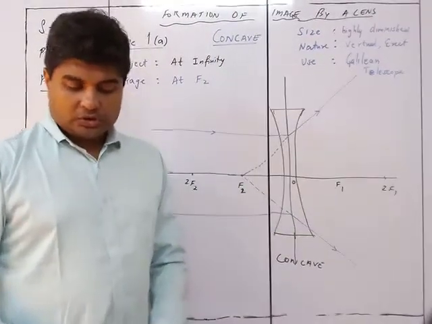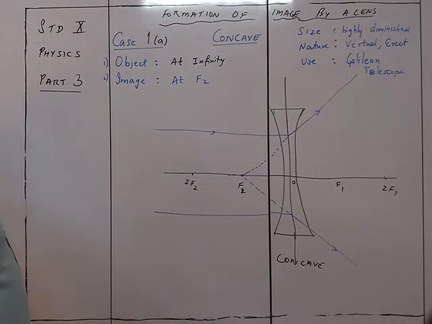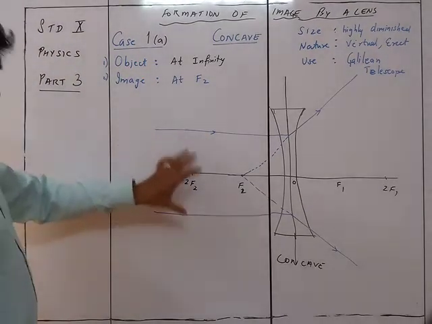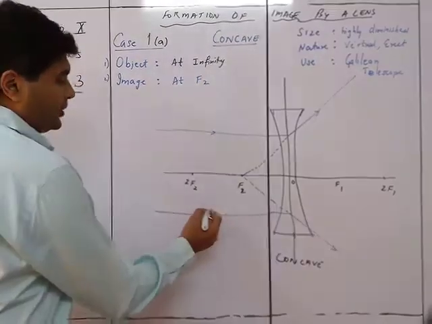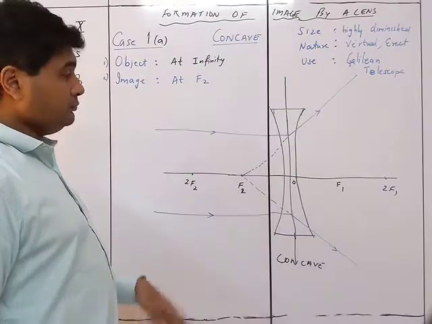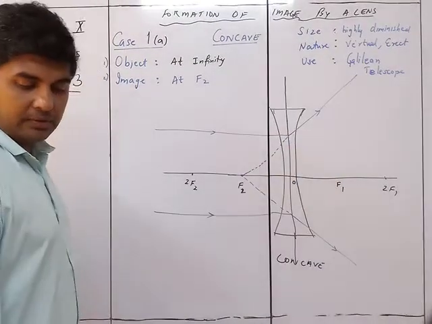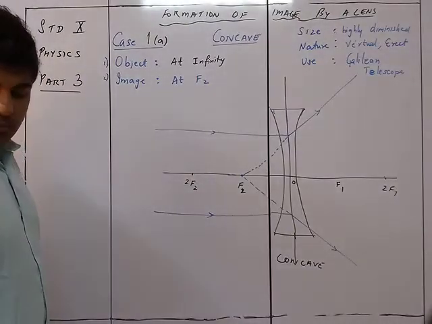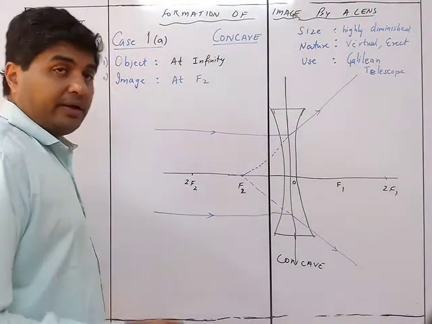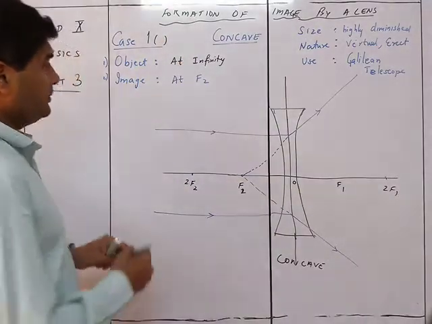Okay. So Galilean telescope is this particular figure. Rays of light coming over here parallel to the principal axis because the object is at infinity, coming to this point, deviating. We can have the second case in the first one itself. This is 1B now.